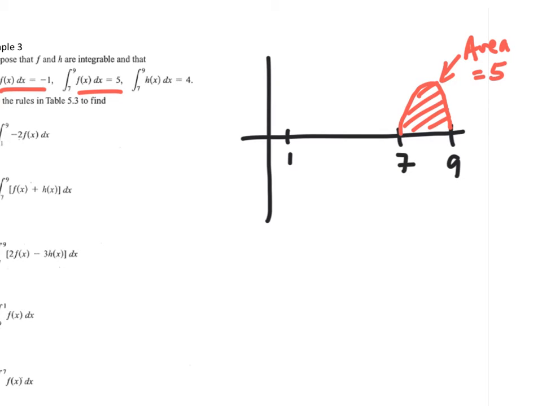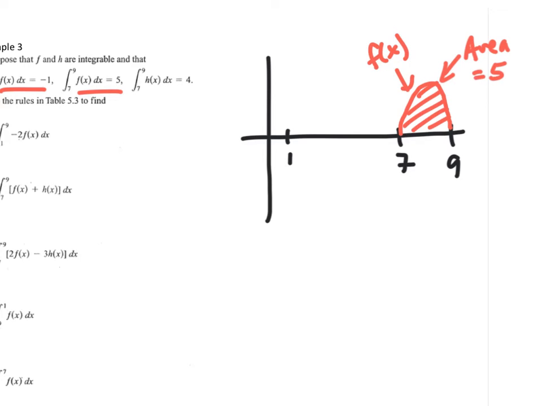So when you see this, you need to draw a picture and understand that the 5 means the area under the curve of f of x. I'm going to say that this is f of x, and that the area under f of x between 7 and 9 is 5.